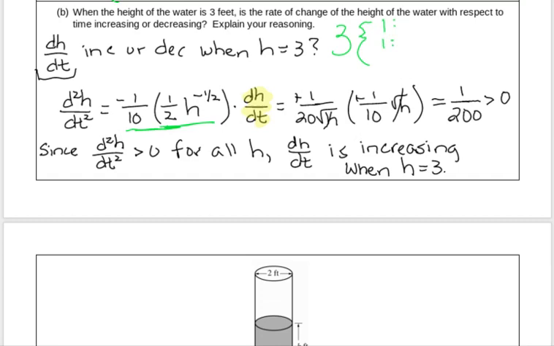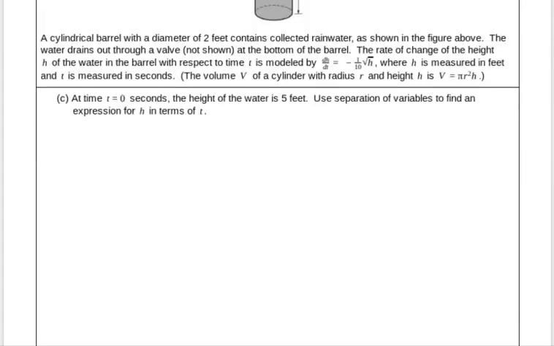And then it was worth 1 point for remembering the implicit differentiation. So that was really remembering this dH dt right here. And then it's 1 point for your answer. So saying that it's increasing. Okay.